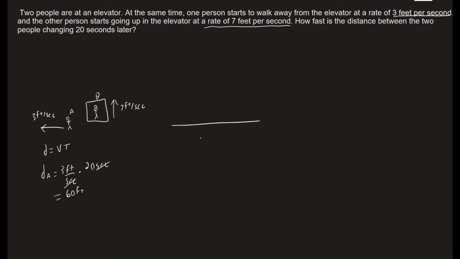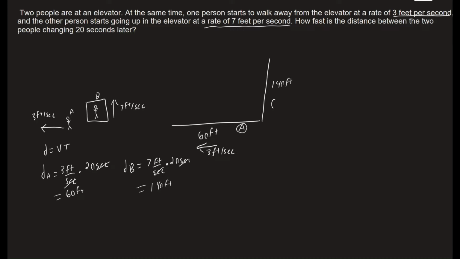So let's draw that. So this is for person A, and they're moving away at a constant speed of 3 feet per second. Distance B will be 7 feet per second times 20 seconds. So that'll be 140 feet.